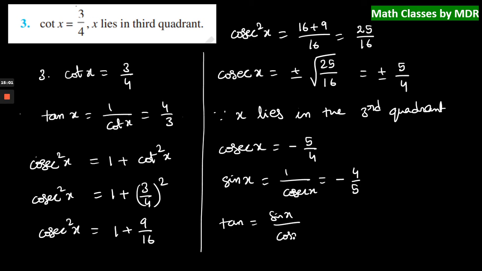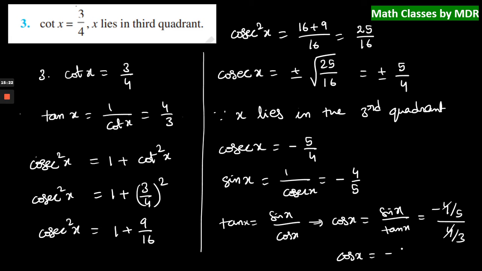So cos x can be written as sin x by tan x. We have both sin x and tan x values, so let us substitute them: minus 4 by 5 and 4 by 3. So 4 gets cancelled. Therefore, cos x is equal to minus 3 by 5.